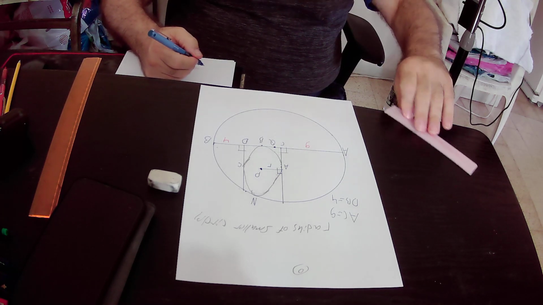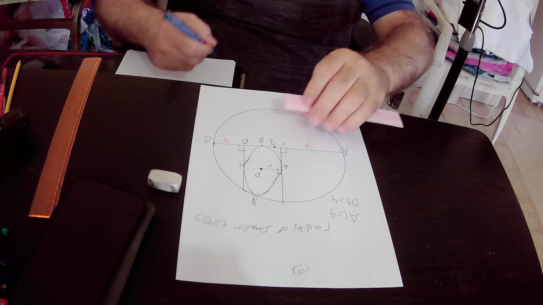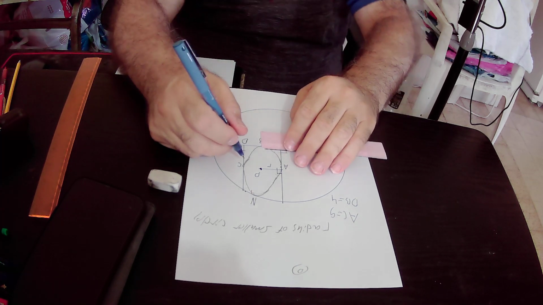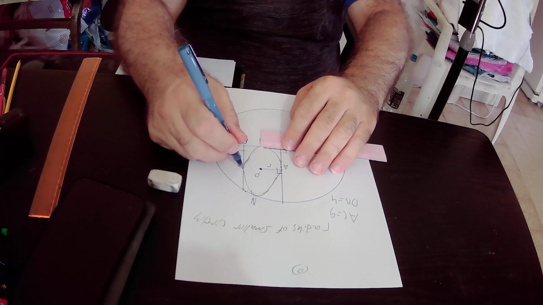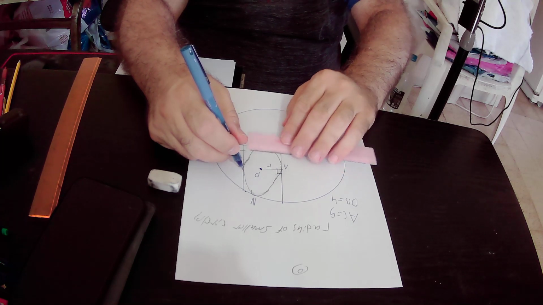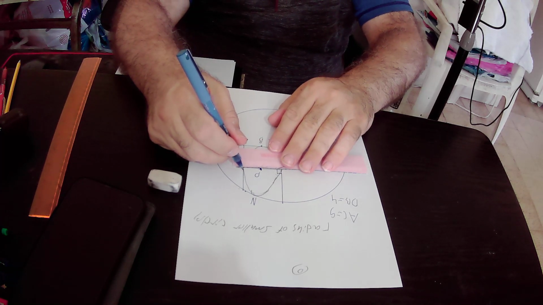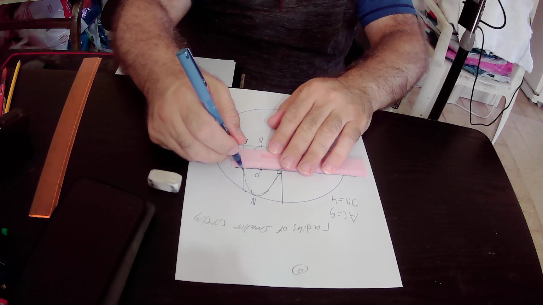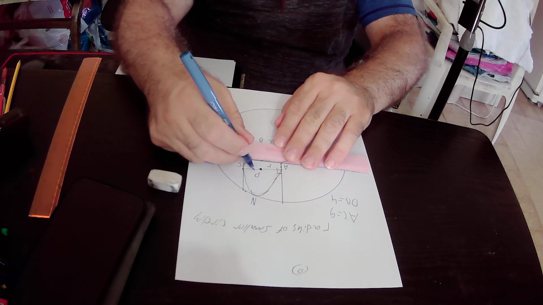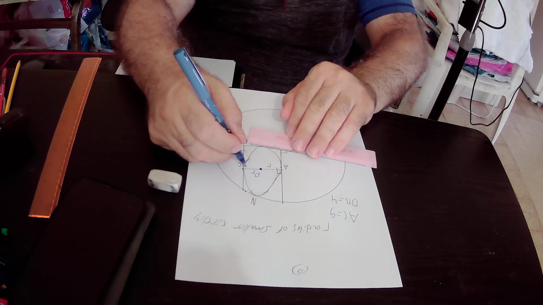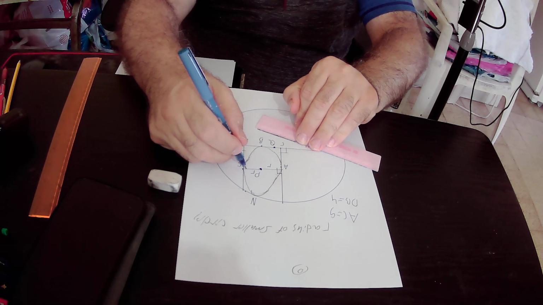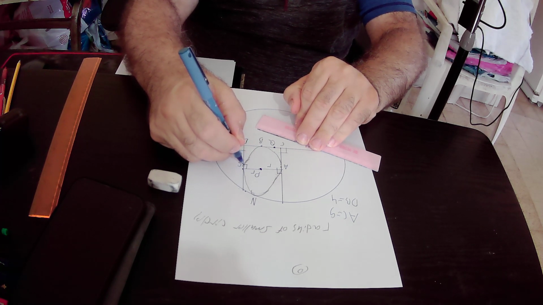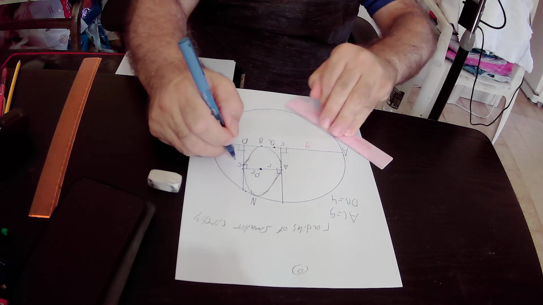And then we will draw a second radius to the tangent at this point. Again, the radius is perpendicular to its tangent. For that reason, this angle is a right angle, it equals 90 degrees.